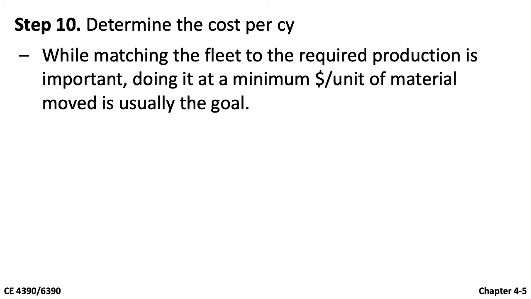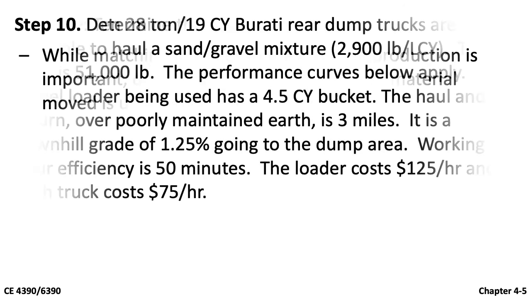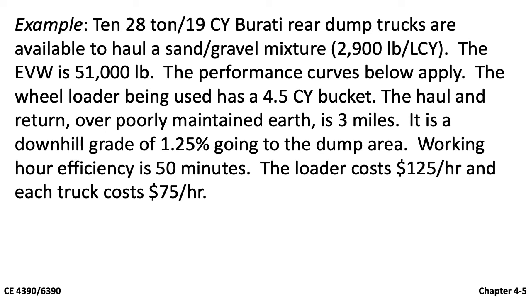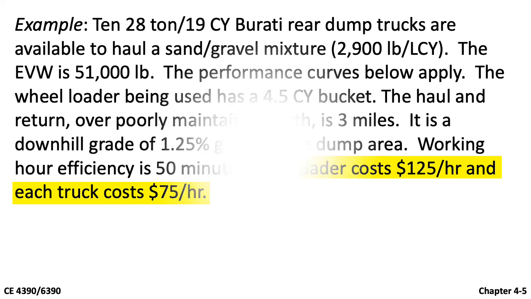You want to minimize the cost for the whole project. Okay, let's see what given information we can use to calculate costs. First, the loader costs $125 per hour, and each truck costs $75 per hour.